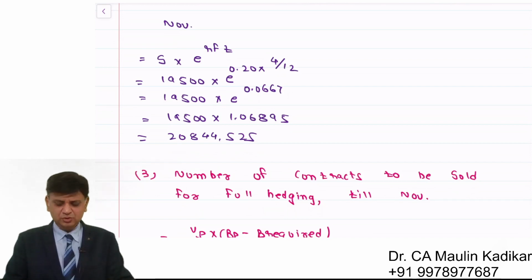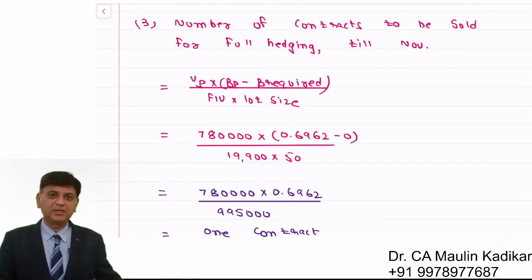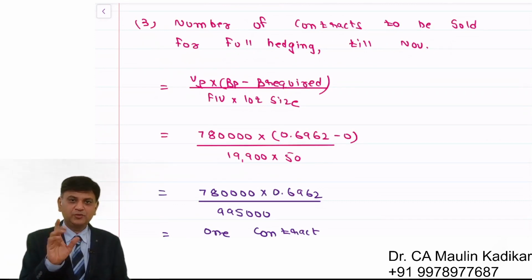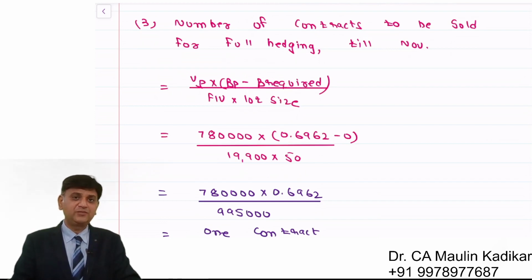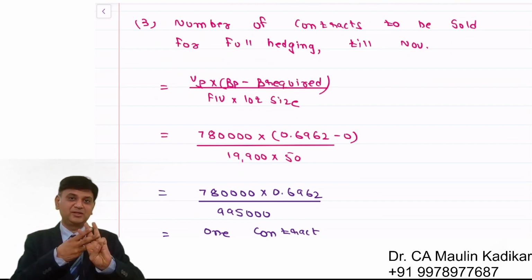In third question, we have to simply calculate the number of contracts to be sold for the purpose of perfect hedging till November. That is value of the portfolio calculated in the first part, beta of the portfolio again found in the first part, beta required is 0, divided by futures index value into lot size. Just be a little bit careful that the answers calculated in second part of the question are not to be used in the third part.